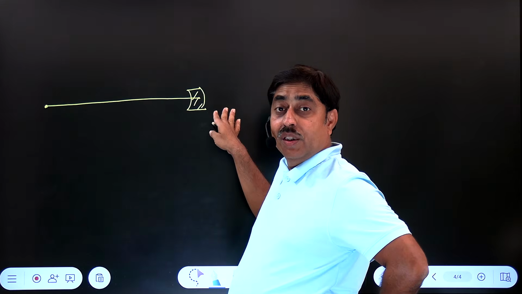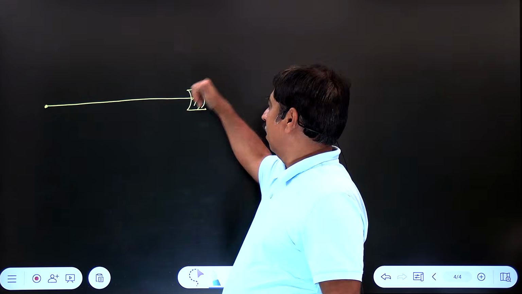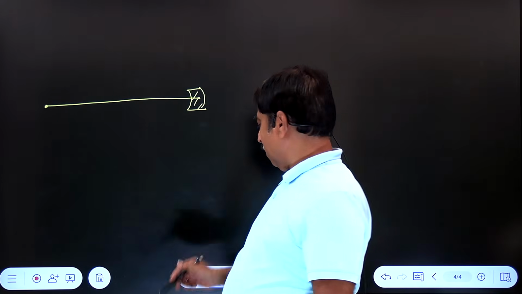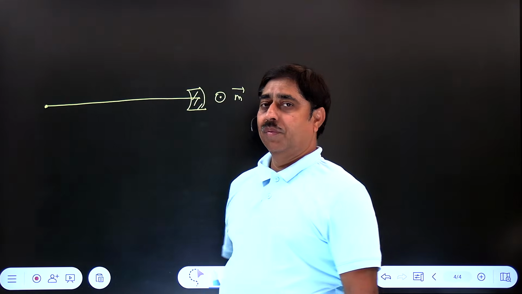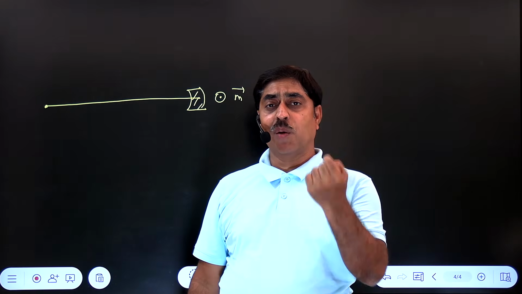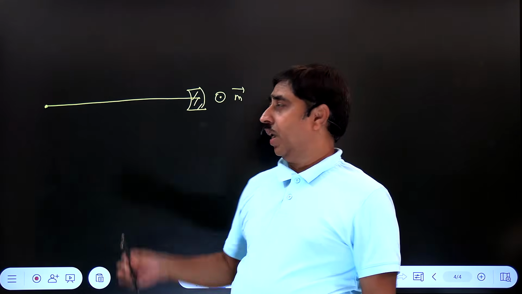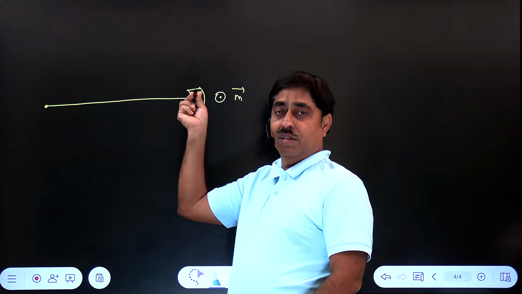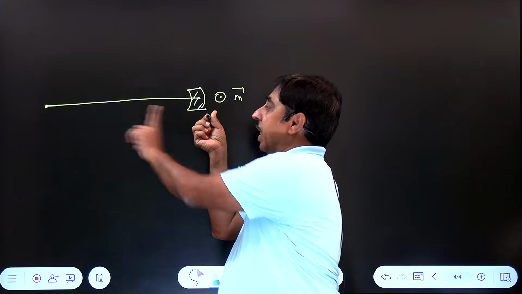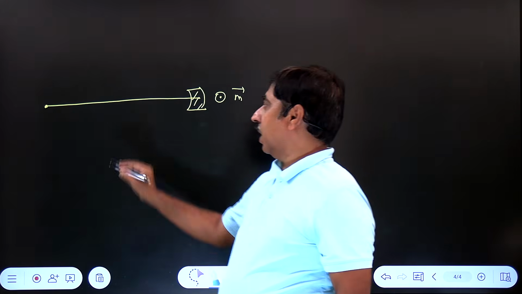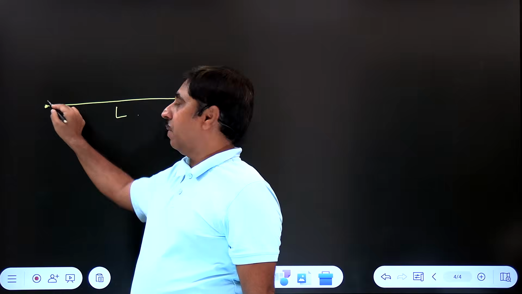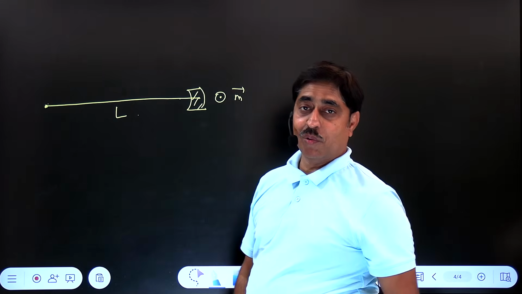So this is a small magnetic dipole. The magnetic dipole moment is towards you. This loop acts like a small bar magnet. And if there is a magnetic dipole like this, then this line is the perpendicular bisector of the dipole. And at a large distance L from this point, here the magnetic field is opposite to the magnetic dipole moment.